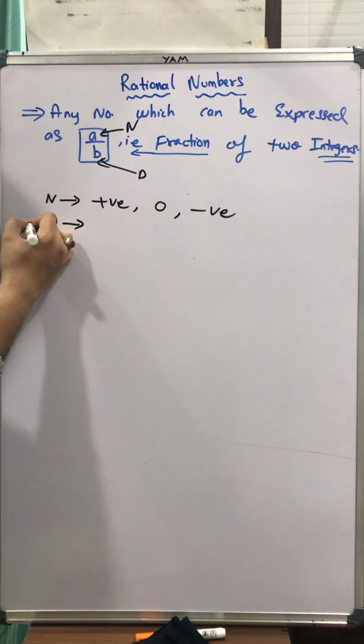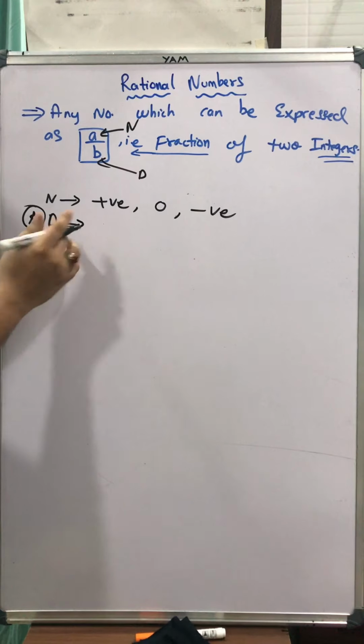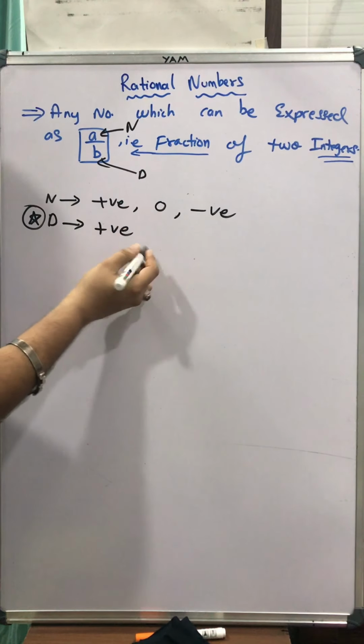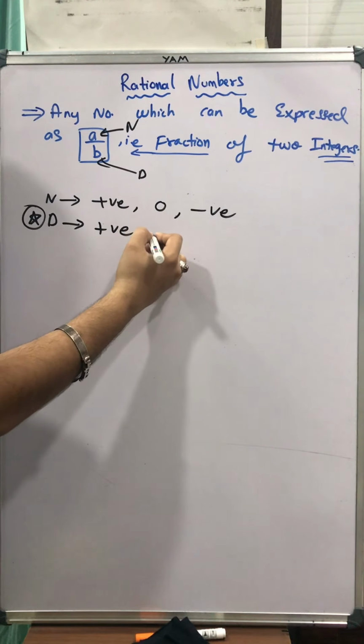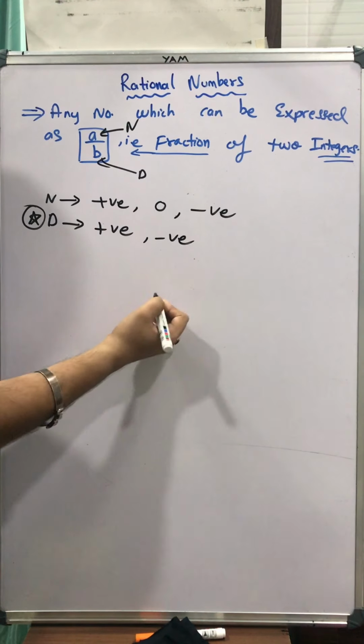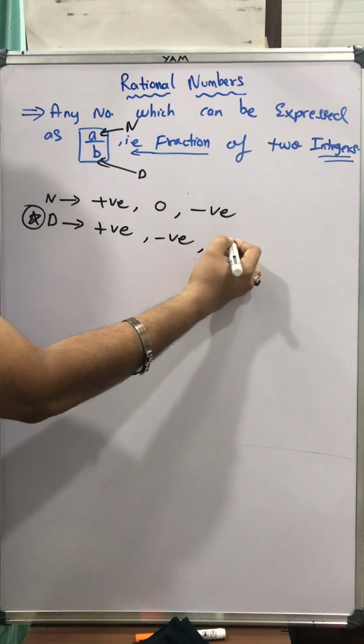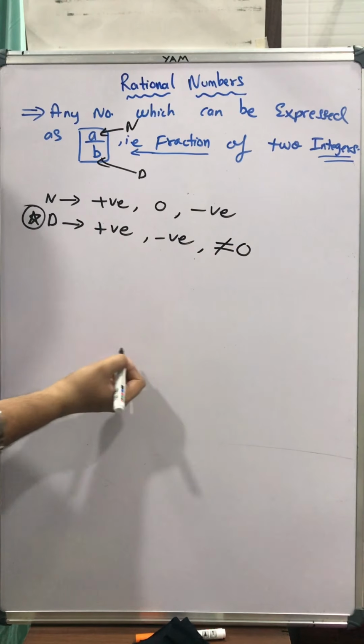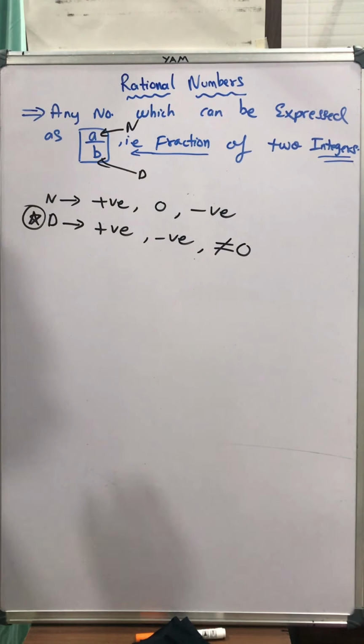And in the denominator we have an exception. In the denominator there can be all the positive integers and all the negative integers, but the denominator should not be equal to 0. Denominator में 0 नहीं आ सकता है.